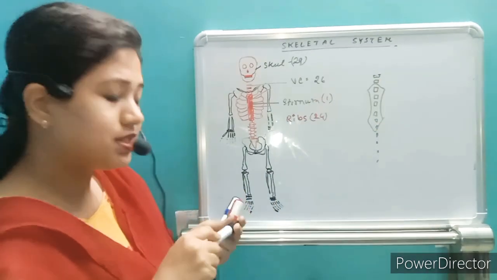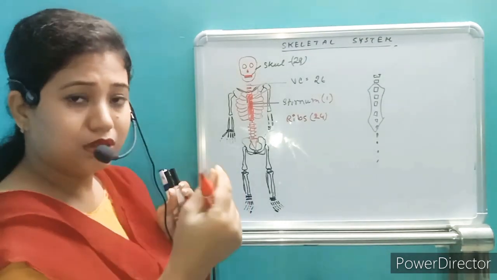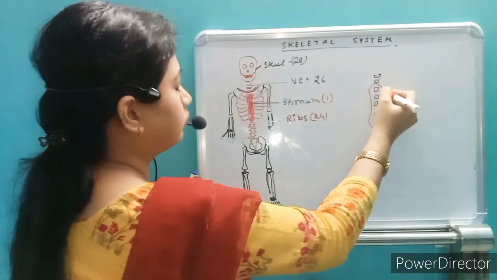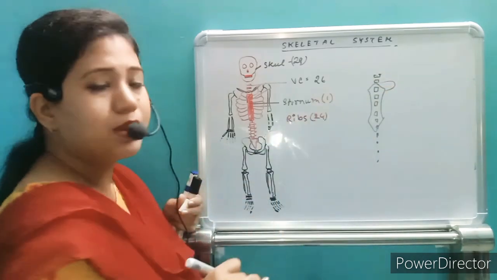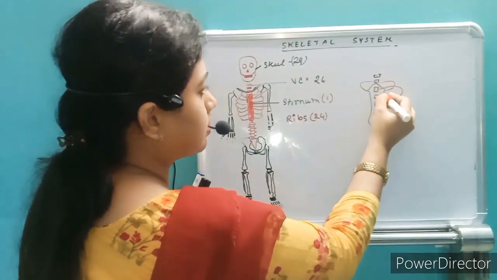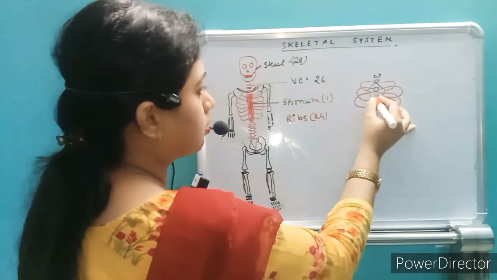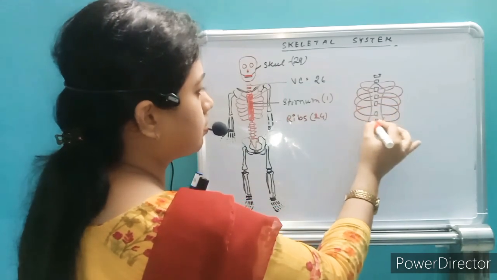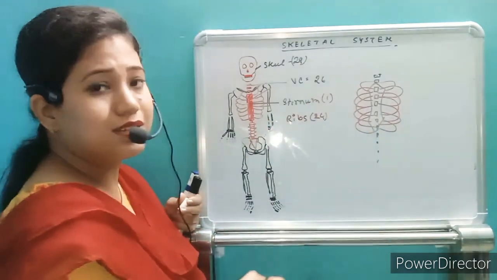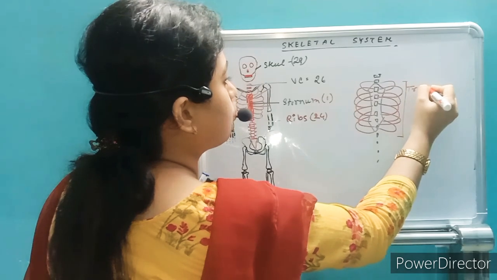Okay, now if it comes to the bones, the rib bones which arise from the vertebral column and attach with the sternum: first, second, third, fourth, fifth, sixth and seventh.